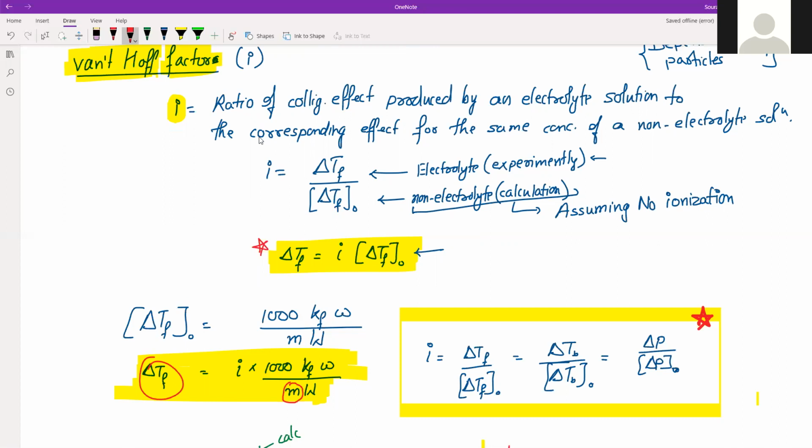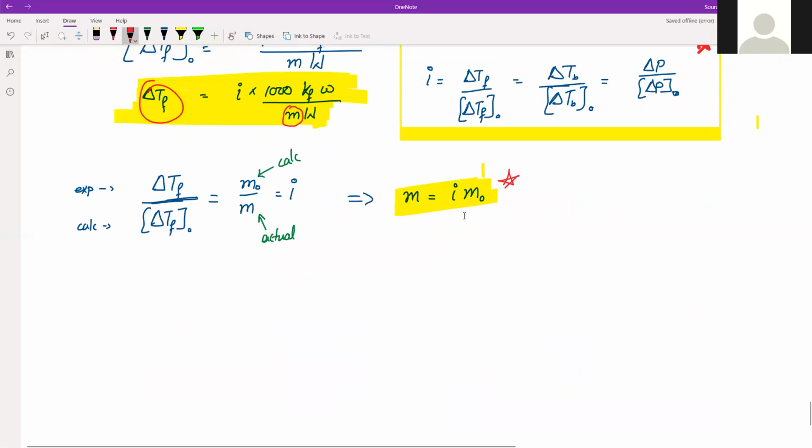The experimental molecular weight will always be less than the theoretical. This i is always greater than 1, so the calculated value multiplied by something greater than 1 means the experimental will be greater than that. This is what we have to note.